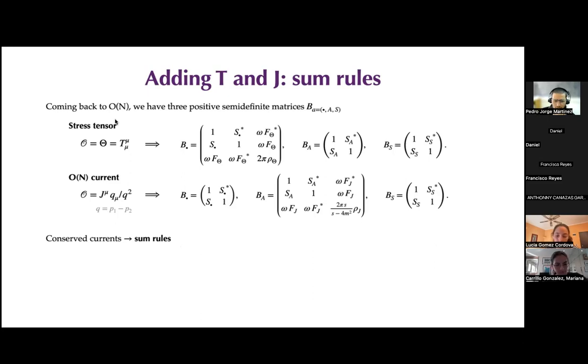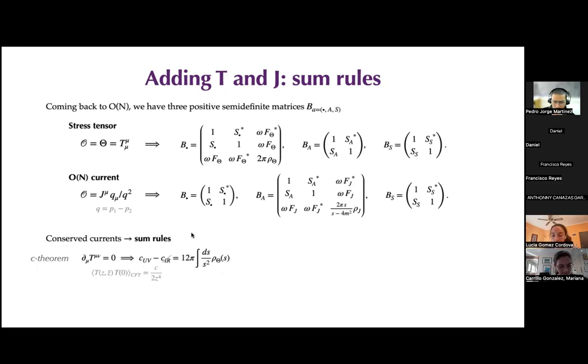But the important thing is that since these are conserved currents, they lead to some sum rules. So famously, the one for the stress tensor leads to the C theorem. So from this conservation, you can derive this equation here, where you have the difference between the UV and IR central charges.